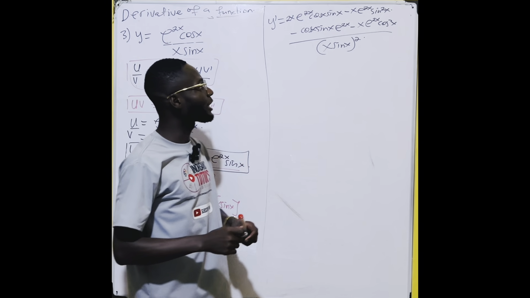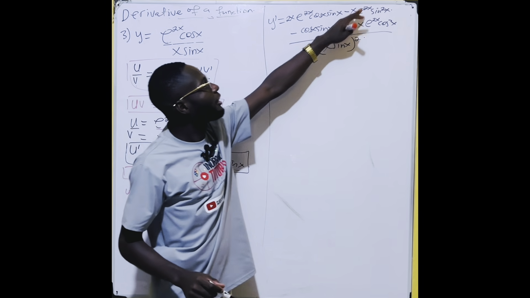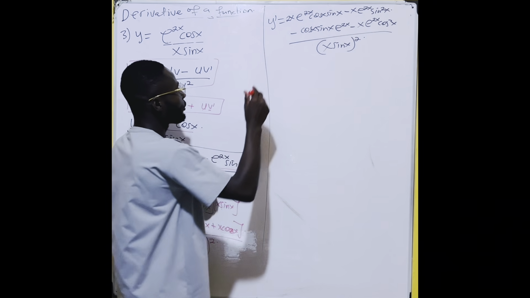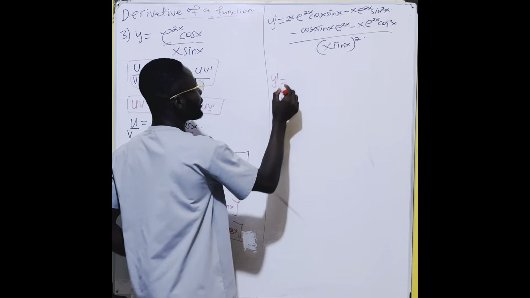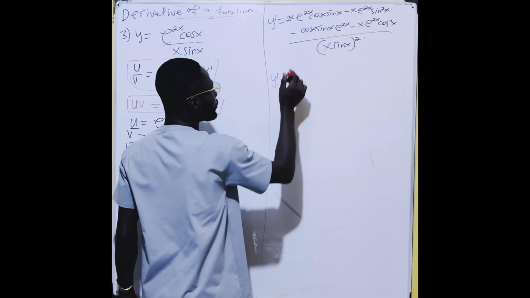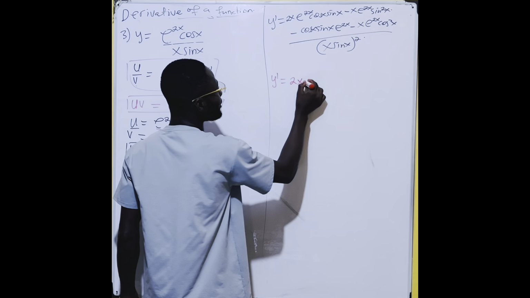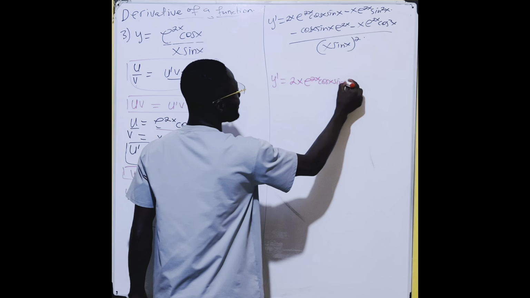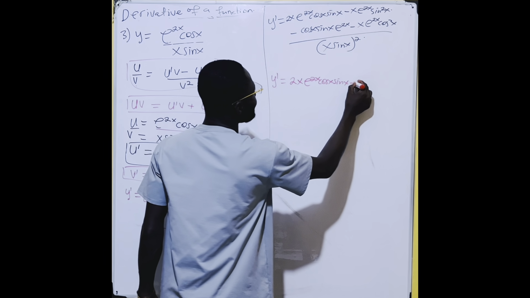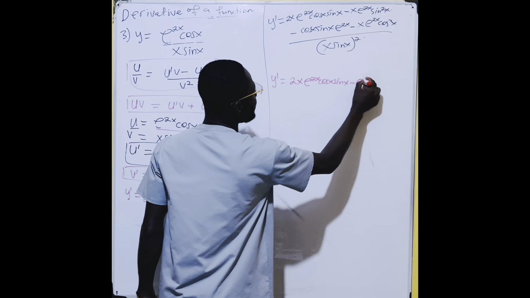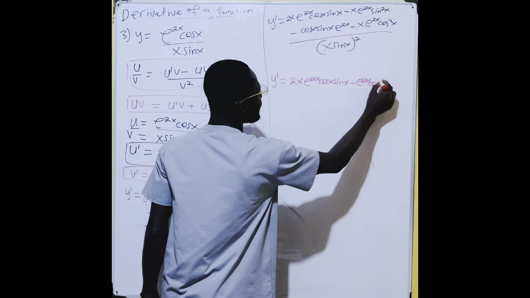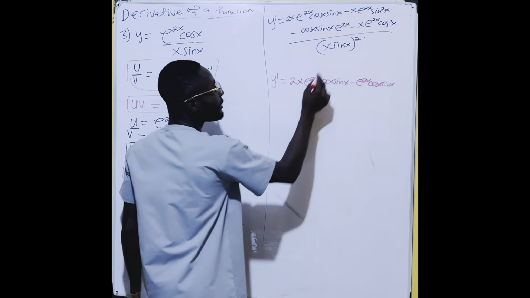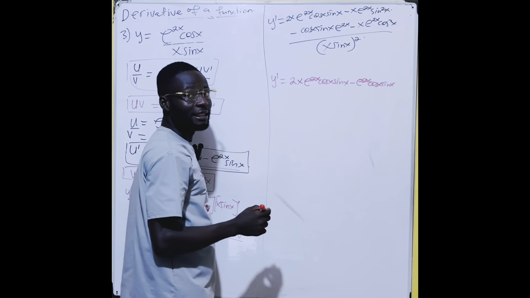So we can see clearly from here that this term and this term have something in common, right? So we're going to say that y prime equals this and this will go to one term. So we have 2x e to the 2x cos x sine x minus e to the 2x cos x sine x right here. Okay. Then this and this, they all have negative in front, right?